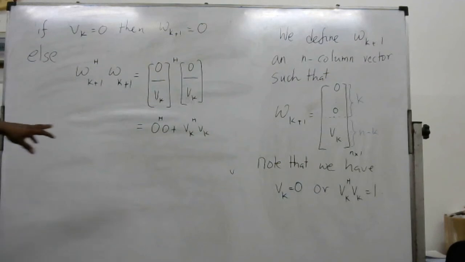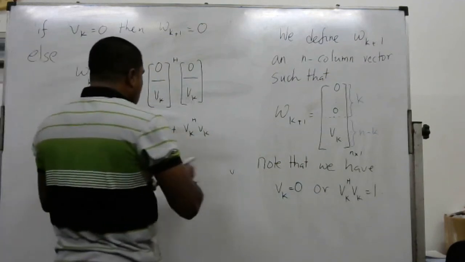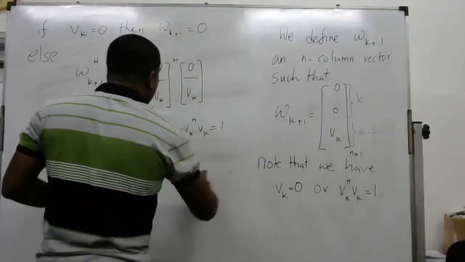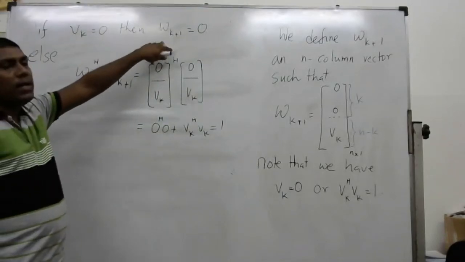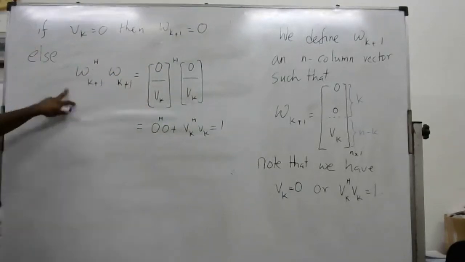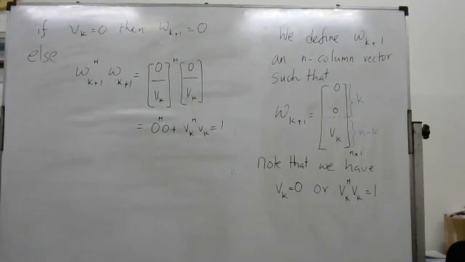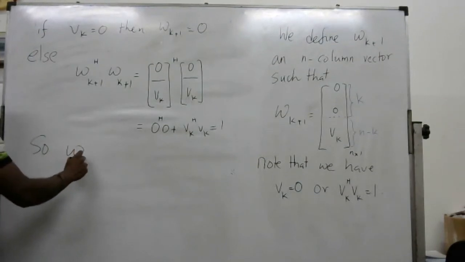When you multiply the row with the column, this is 0 and this is 1. So omega k plus 1 is 0 or omega k plus 1 Hermitian times omega k plus 1 is 1.